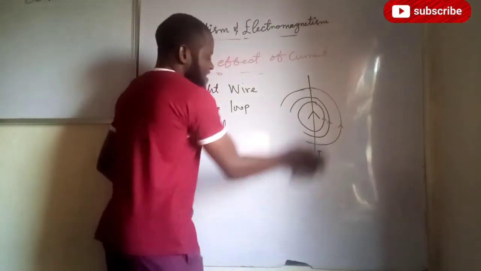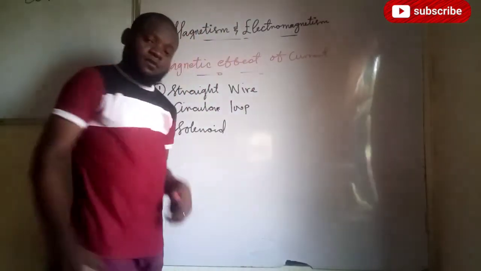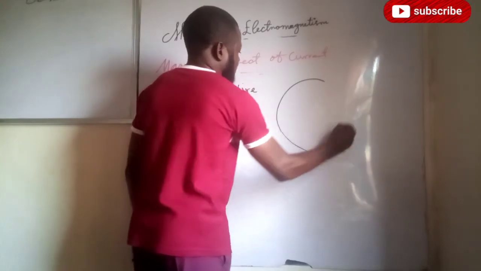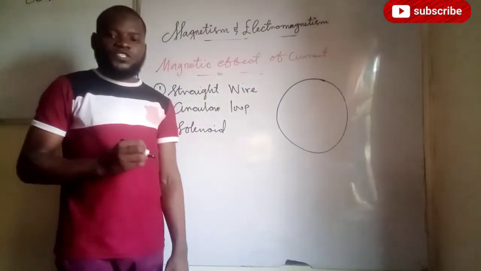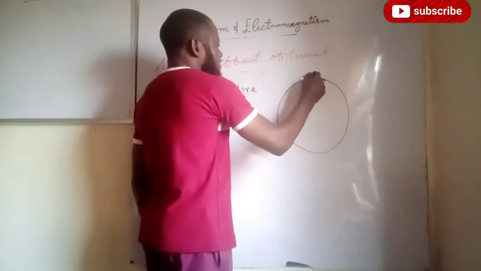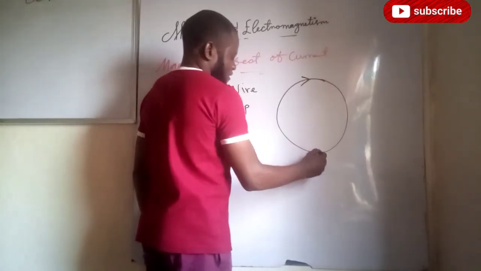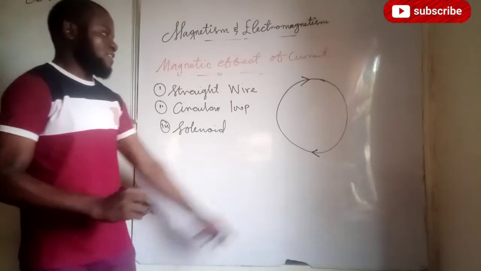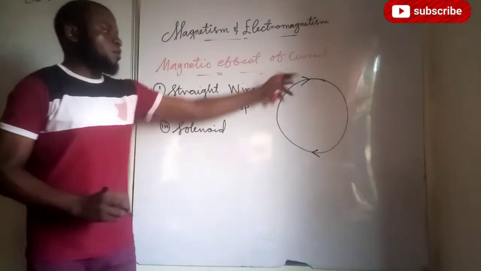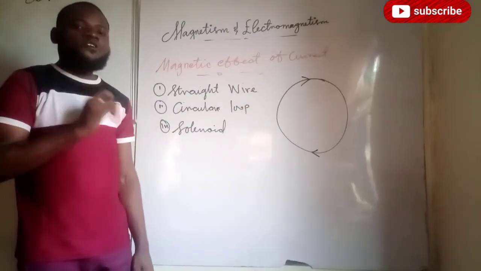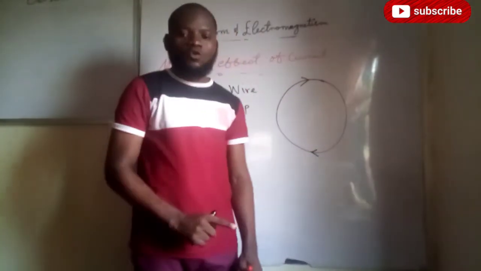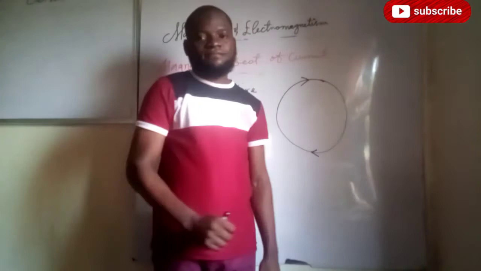If I have a circular disc or loop that is carrying current like this, are we together? So the current moves in this direction. What will be the magnetic field pattern of this particular conductor? All we just need to do is to assume that this circular loop is like a straight line.